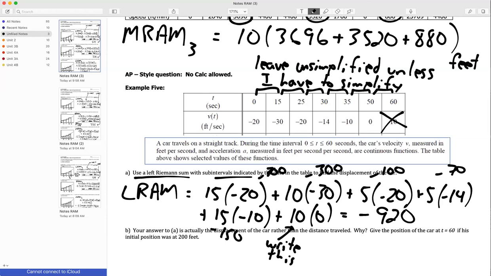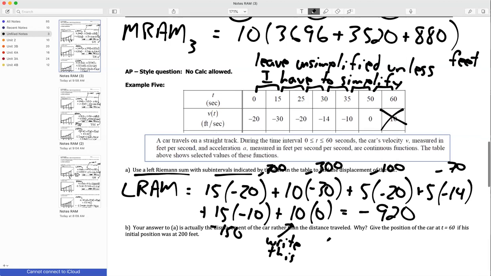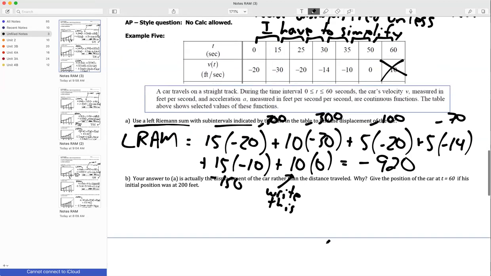Okay, so it's where you are in relation to where you began. So this is saying that we are 920 feet to the left, if it's negative. I'm 920 feet left of where I began.